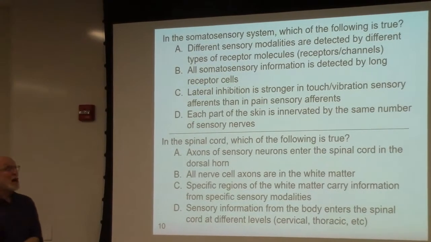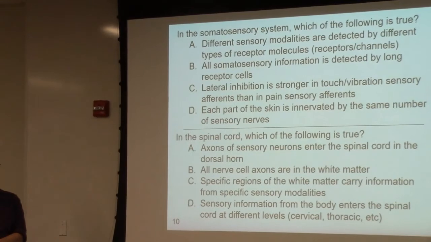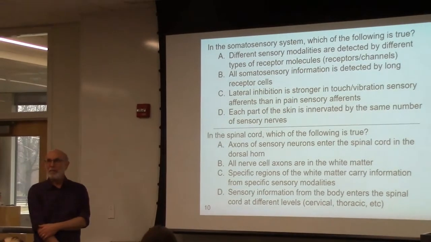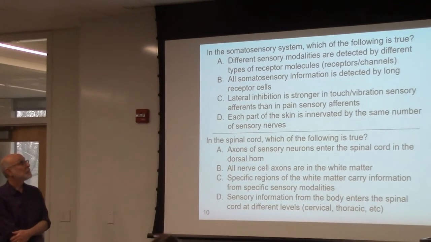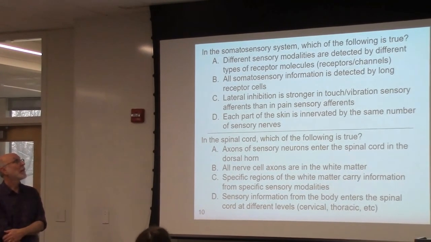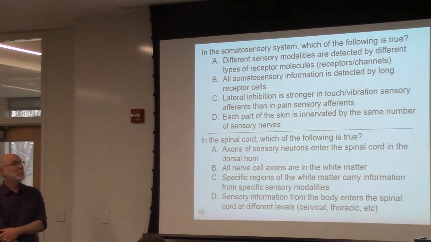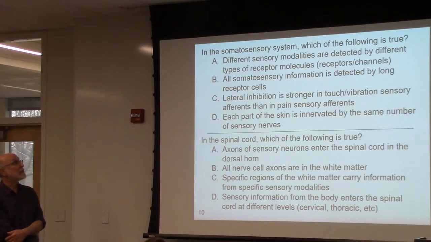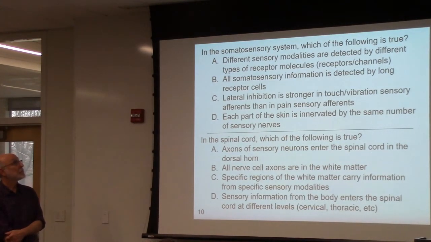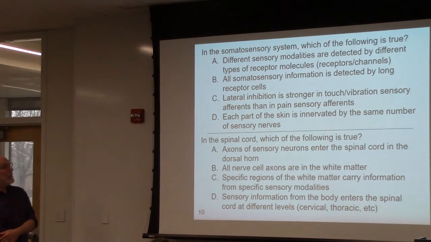Okay, let's do a couple of clickers. I got a whole bunch of them, and we won't have time to do all of them. Let's do a few, and then you can do the rest of this homework. In the somatosensory system, which of the following is a true statement? Different sensory modalities are detected by different types of receptors.